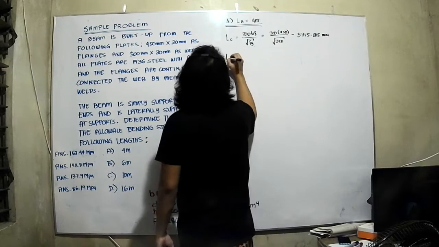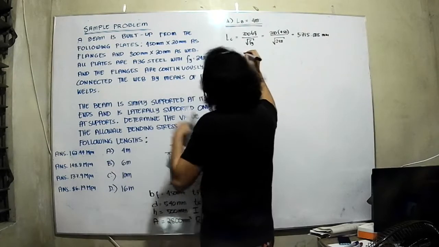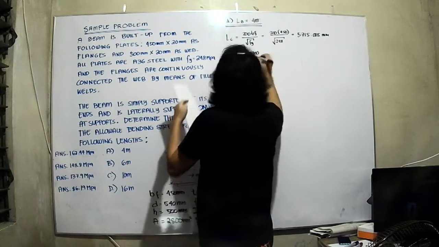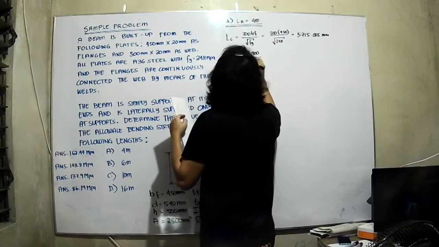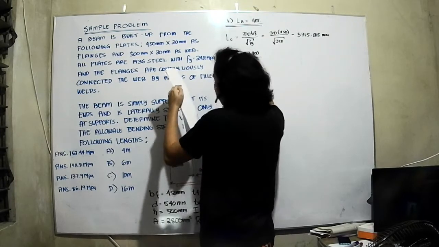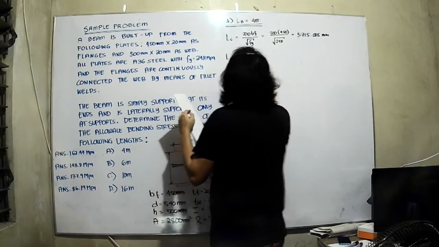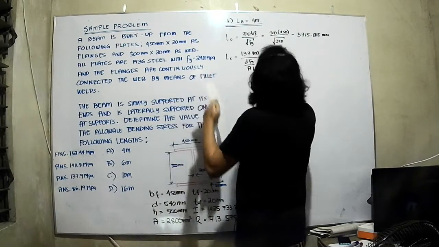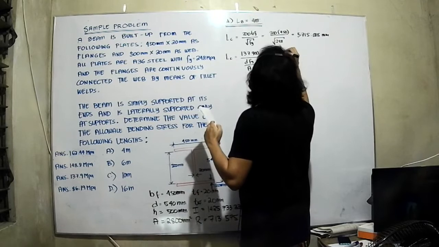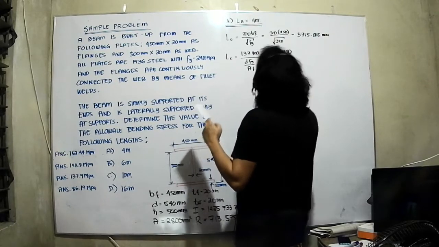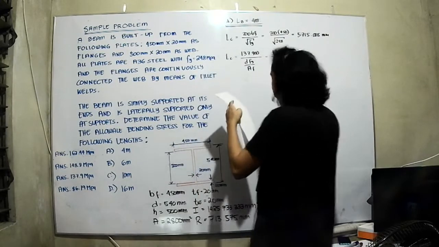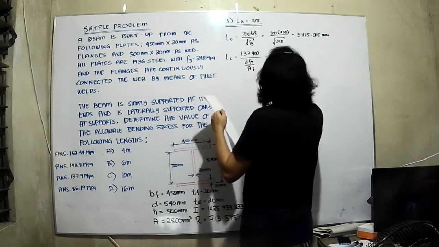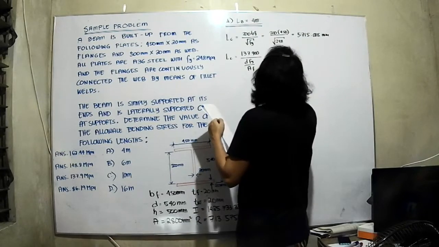The other LC is 137,900 divided by D FY over AF. So that is equal to 137,900 divided by D, which here is 540, times our FY, which is equal to 248.